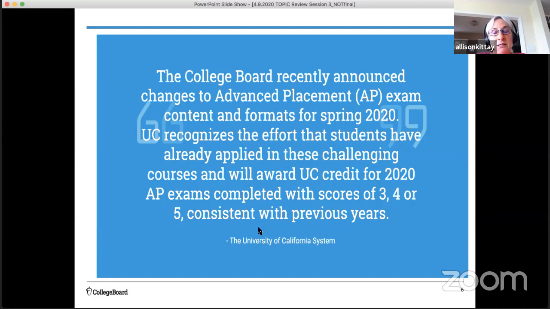And I suspect that most colleges will have their own statements, but I'm just going to read you the part about the UC system recognizing the effort that students have already applied to these challenging courses, and will award UC credit for the 2020 AP exams completed with scores of 3, 4, or 5, which is consistent with previous years.